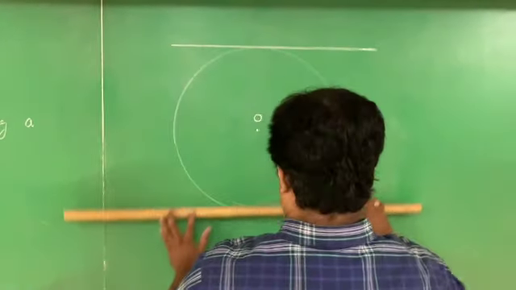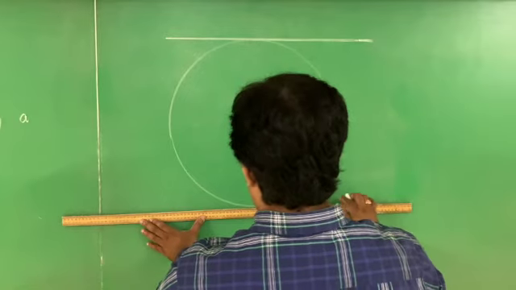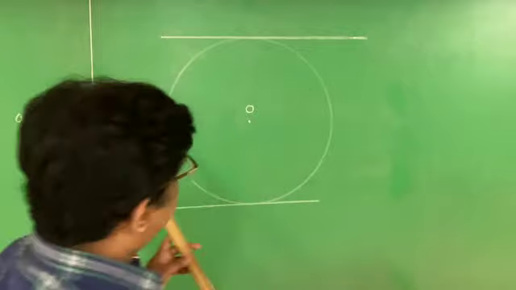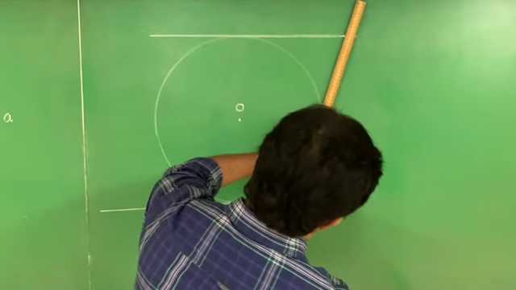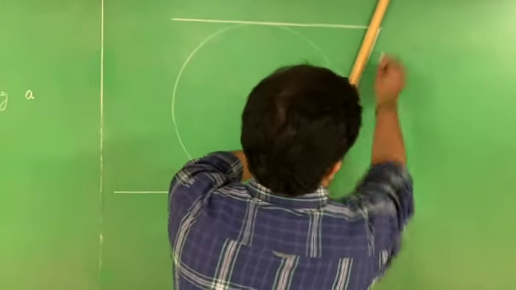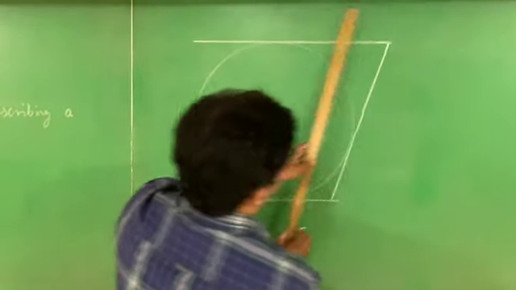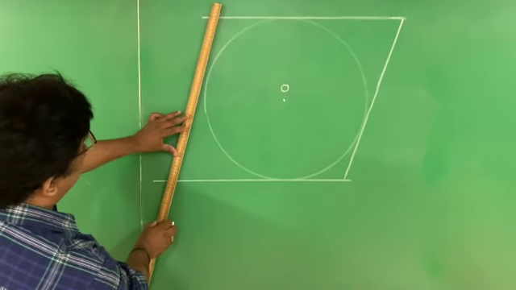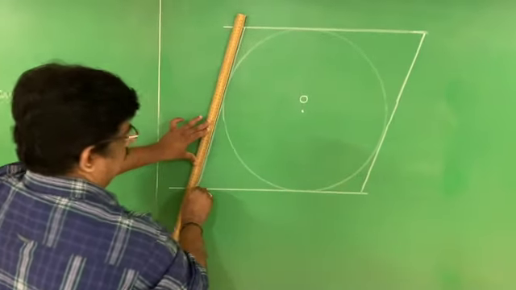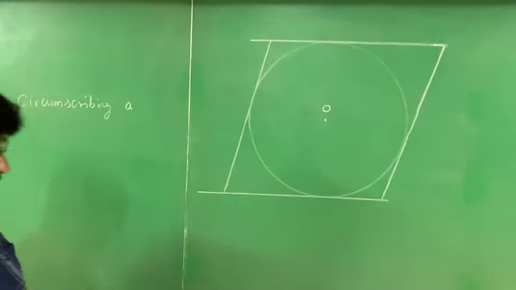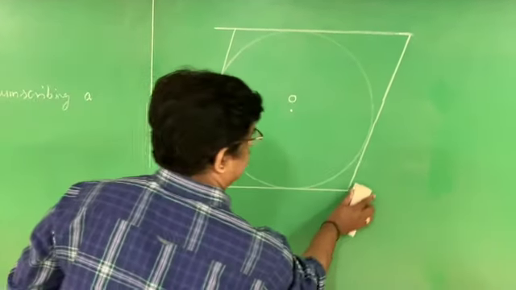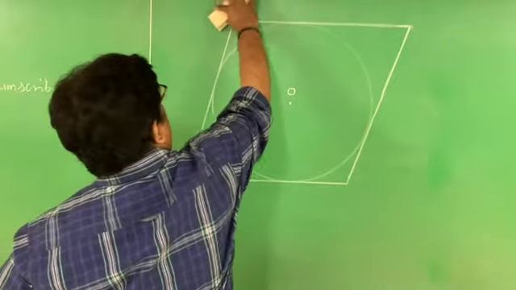I write it here: a parallelogram is a quadrilateral circumscribing a circle. See, now I wrote a parallelogram circumscribing a circle.